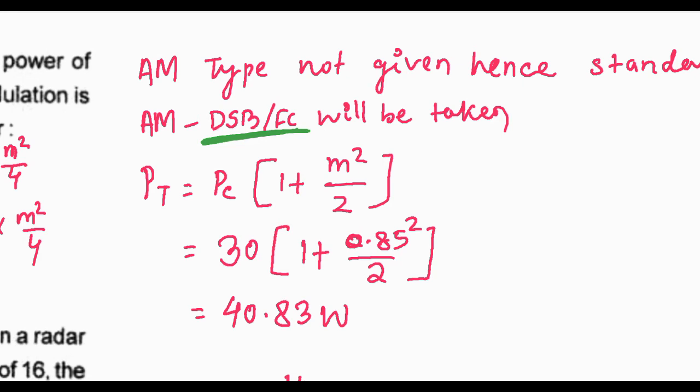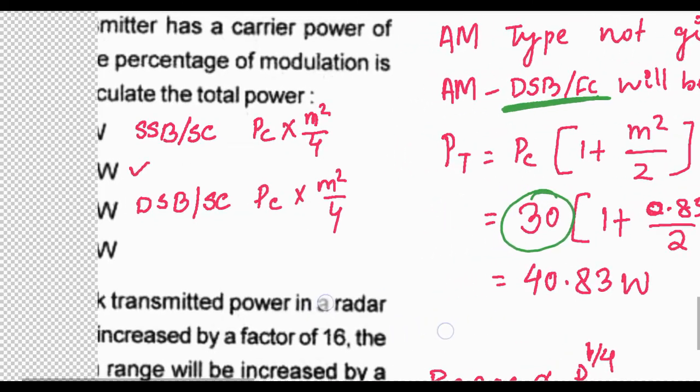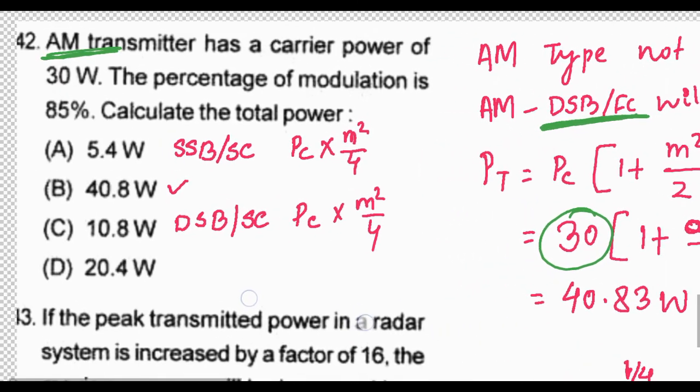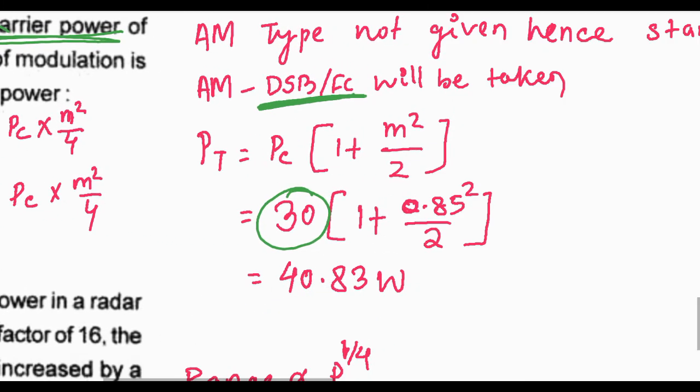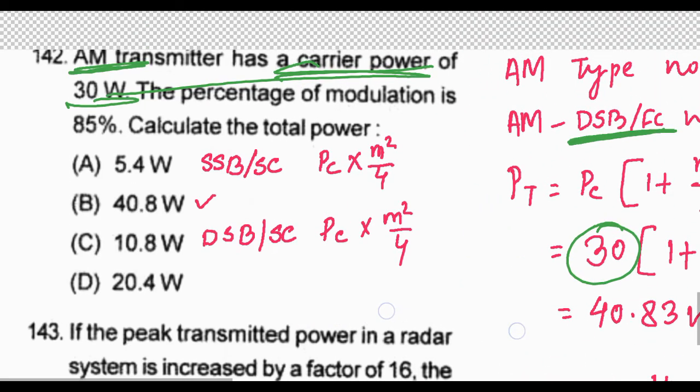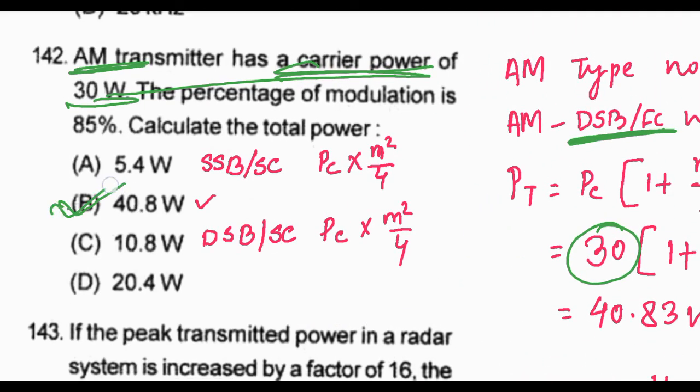PC is the carrier power, which is 30, so 30 into (1 plus 0.85 square by 2), and this comes to be 40.83 watt. So option B is the correct answer.